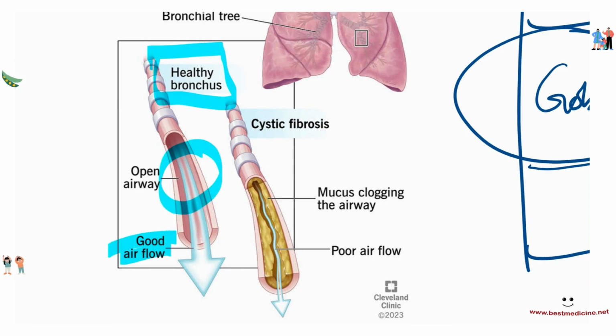But a person with cystic fibrosis has mucus clogging, which results in blockage of the airway, which means there's poor airflow and a piling up of bacteria here, which causes recurrent respiratory tract infections. So you have all this junk accumulating here, all the bacteria and everything, and because it's all piling up, it increases the risk of infections, leading to recurrent respiratory tract infections. Okay, and that is cystic fibrosis.